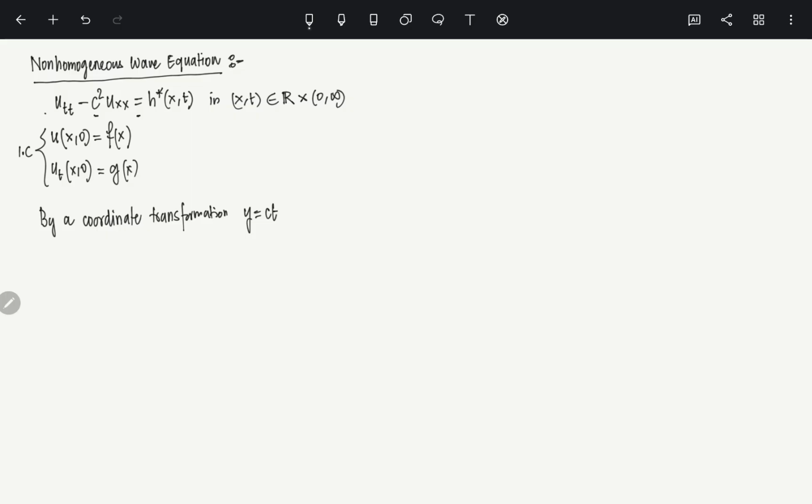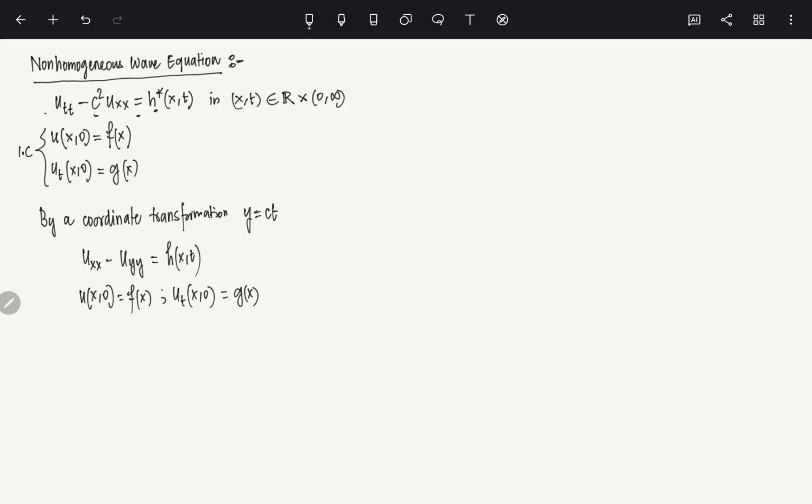We will have u_xx minus u_yy equals h of (x, y). And the data, u of (x, 0), remains unchanged, it is f of x, and u_y of (x, 0) is g of x.